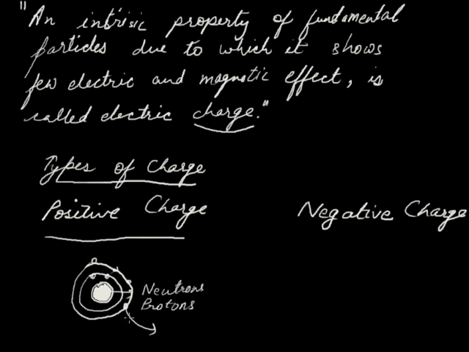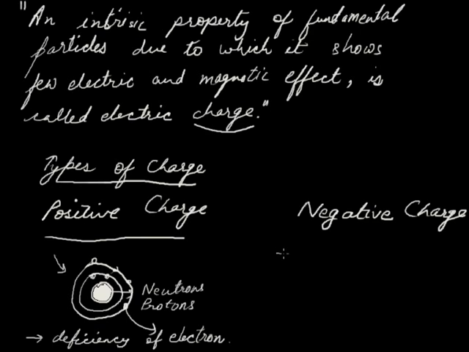When the electrons leave the atom, the positive charge dominates, and that's why we say that the body acquires a positive charge. So, positive charge is always associated with deficiency of electrons. Whenever a body loses electrons, it becomes positively charged.